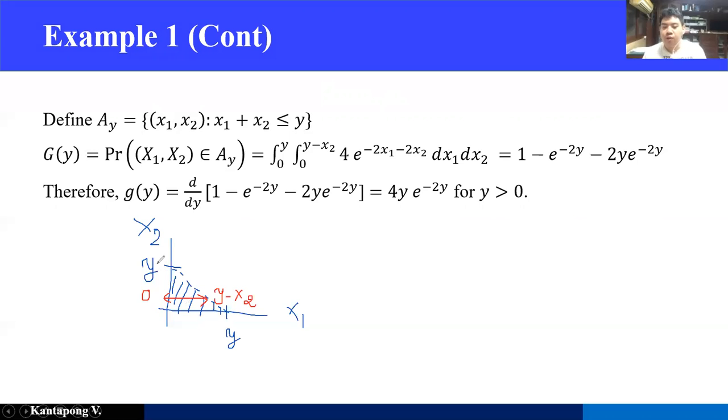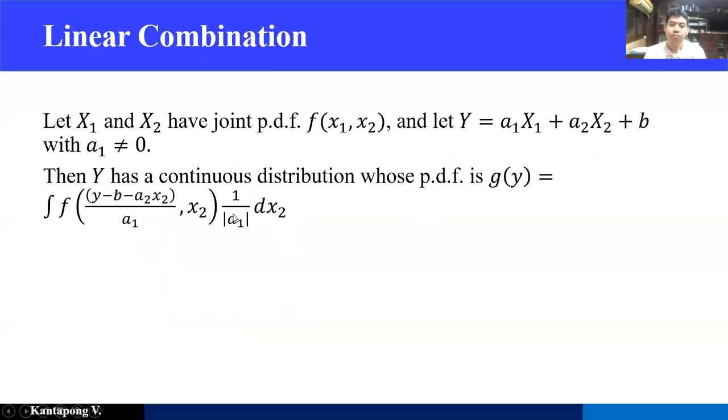And if we want to span vertically, then we have X2 from 0 up until y. We take the integration two times, and we get this function. So it's the same concept. We just apply the integration, let's say twice in this case.